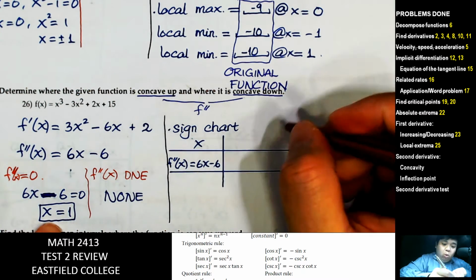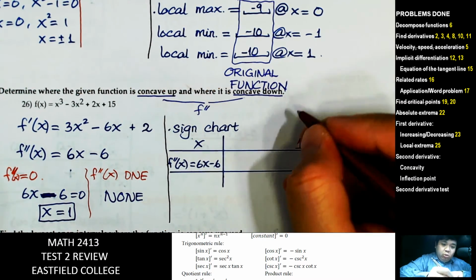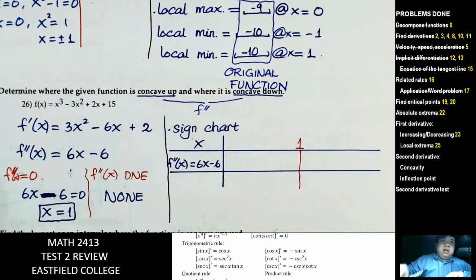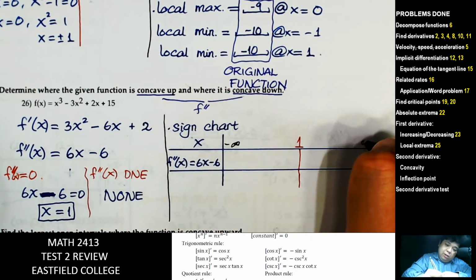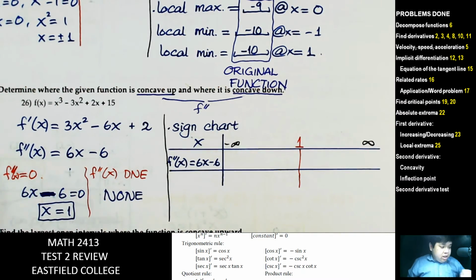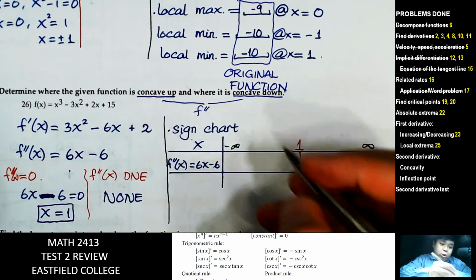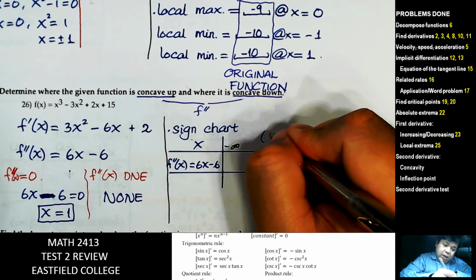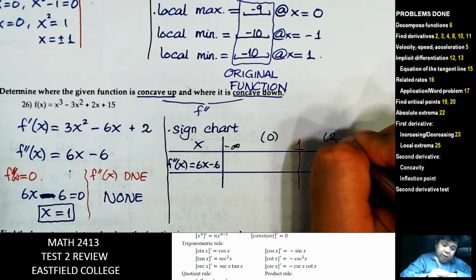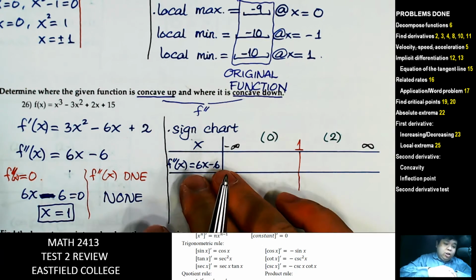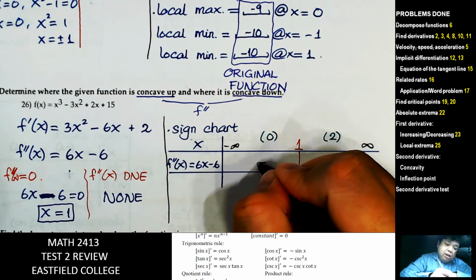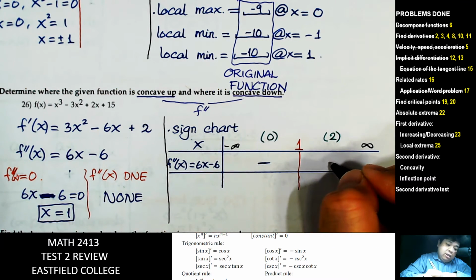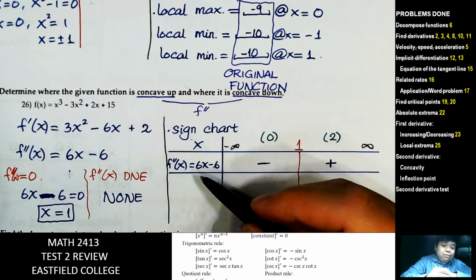The point we have is 1. That divides the number line, so it cuts the number line in 2. Next, the test point. We choose a point in each interval. 0 and 2 will do. And then we put those points into the second derivative. Put 0 in here, we have negative 6. Put 2 in here, we have 6. So that's easy. We don't really need the calculator for this one.